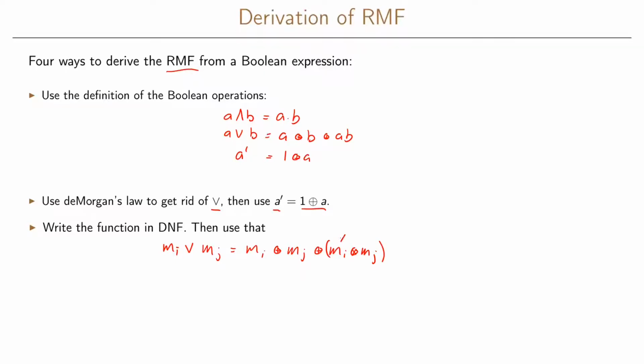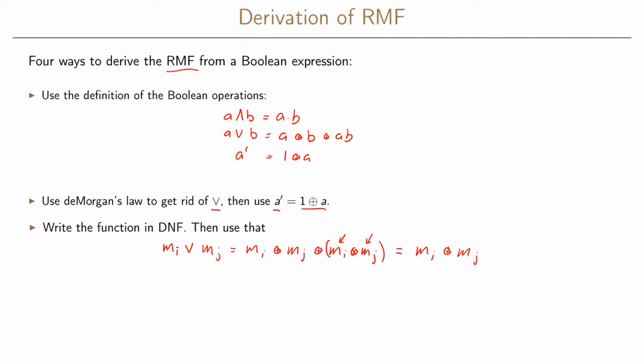But since mi and mj are min terms, it means that they contain all the different variables, and if they are different min terms, there will be at least one variable that is xi, for example, in one of them, and xi prime in the other one. So these will always cancel out. So this can always then be written as mi plus mj.